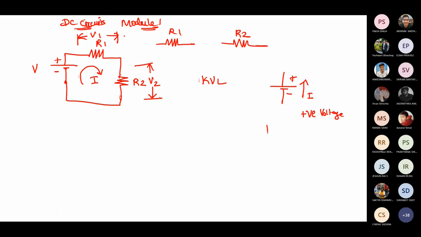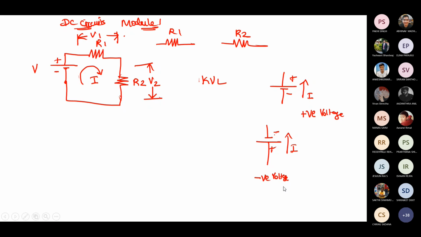If the current is flowing from positive to negative, then I assume a negative voltage. This is the assumption made by me, and throughout my classes I'll be assuming only this.